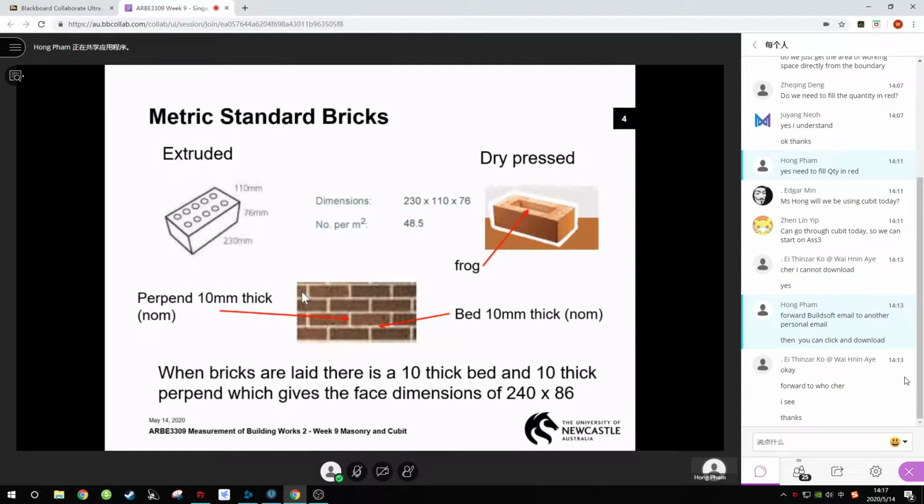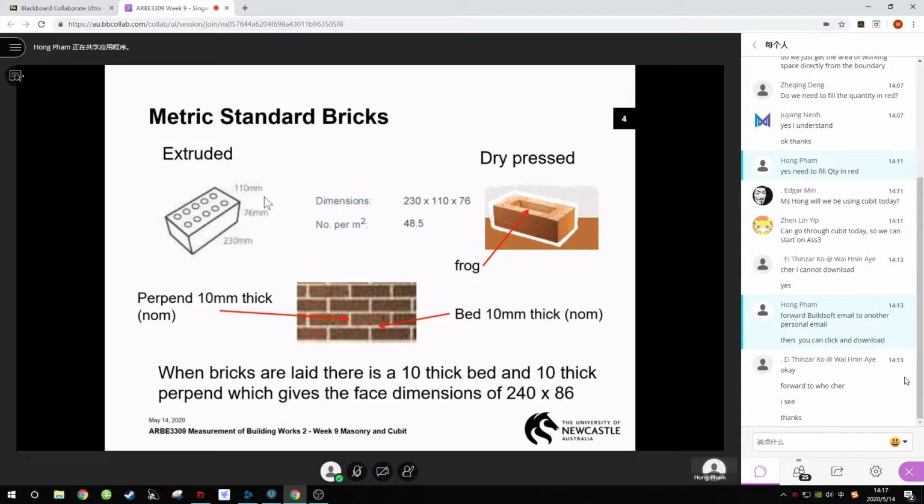Okay, so when we talk about metric standard bricks, it means they have a standard size, be it common brick or facing brick. By this time, you should know, this is common knowledge, that there are 2 kinds of brick.